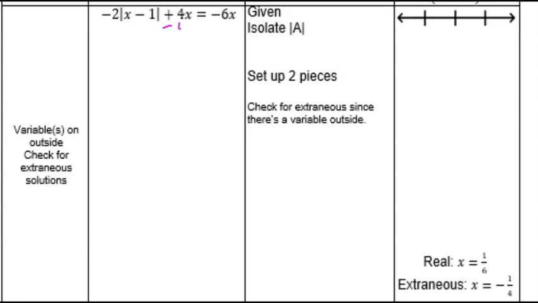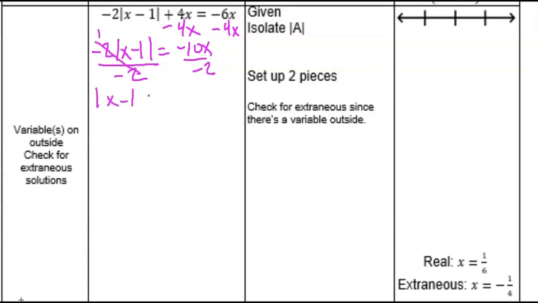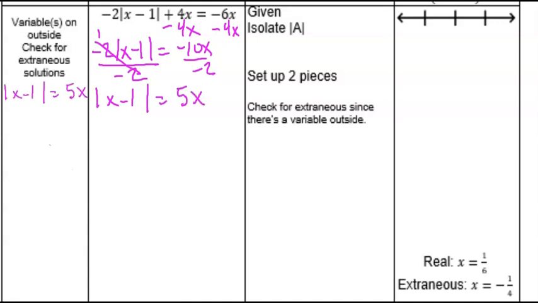We want to isolate the absolute value, subtract 4x from each side. Divide each side by -2. So we have the absolute value of x minus 1 equals 5x. So we'll just put that off to the side right there. That's our isolated absolute value equation.